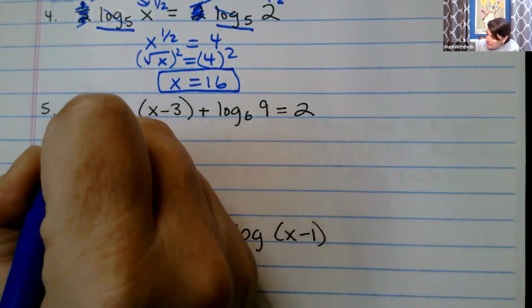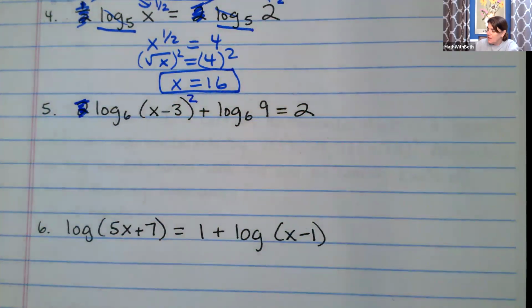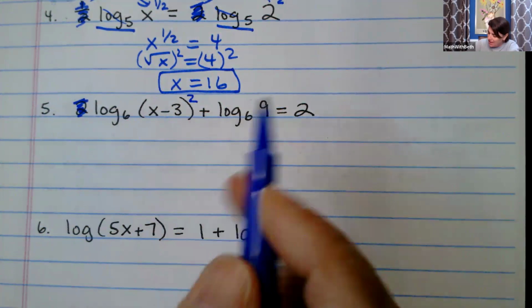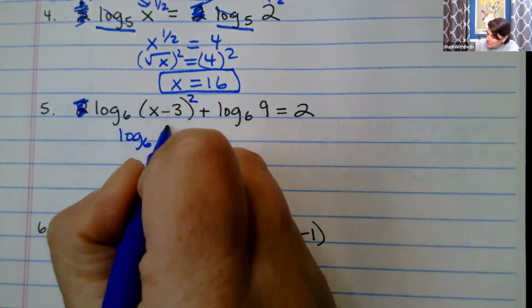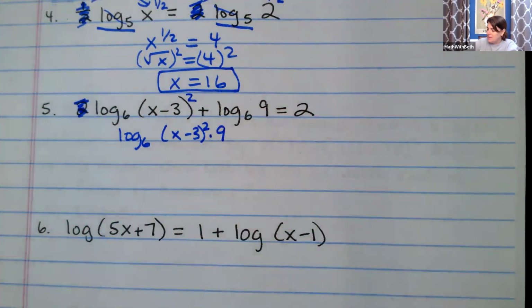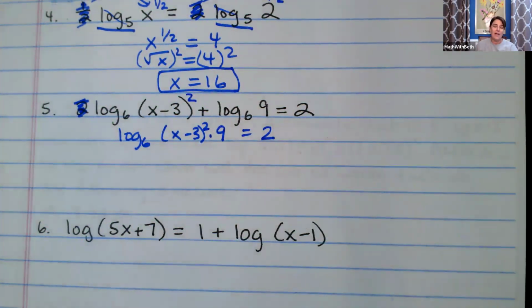So if I were to take this 2 and move it to the exponent, but then take these 2 log 6s that are being added and rewrite them as 1 log 6 with this stuff being multiplied times that, I now have a problem with 1 log on one side.